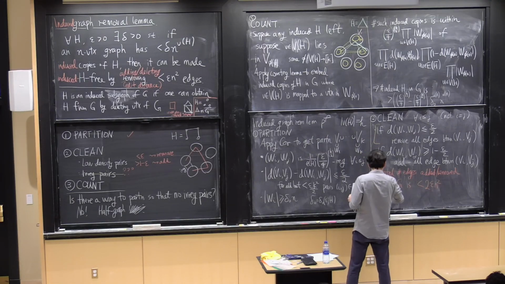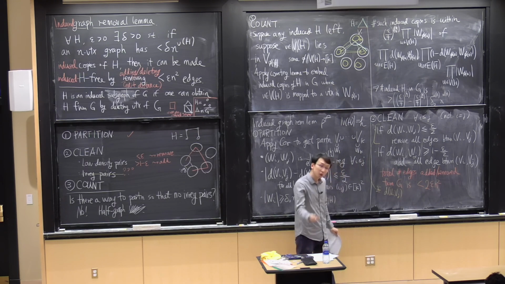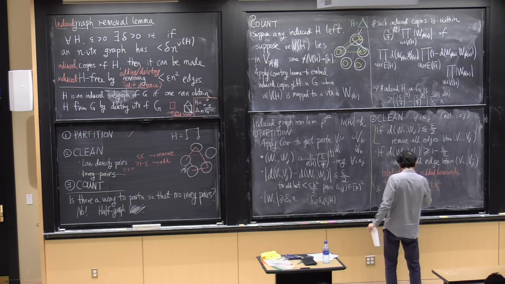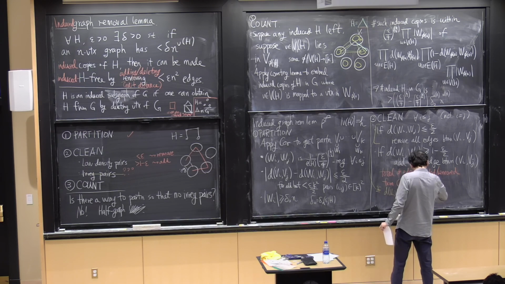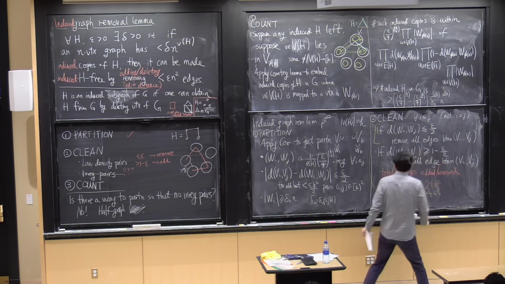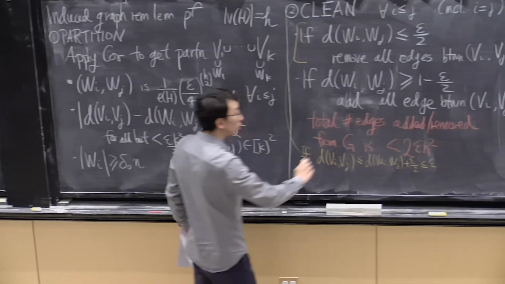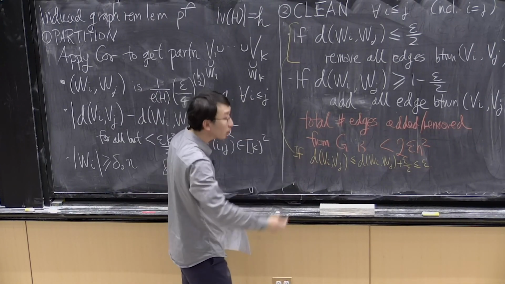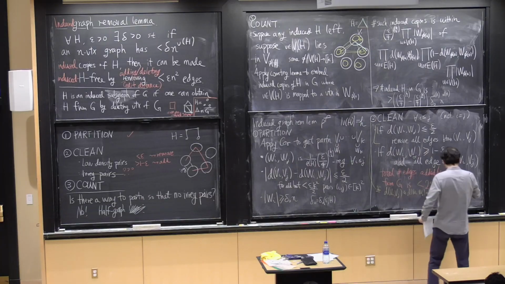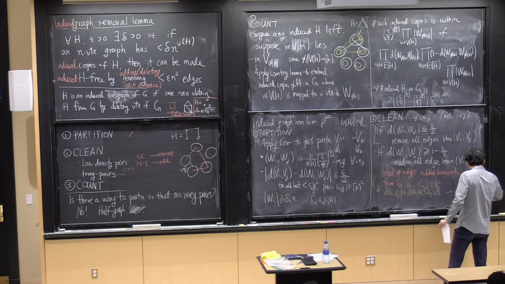If the density of V is controlled by that of W, then the number of edges added or removed from all such pairs is epsilon n squared edges changed.